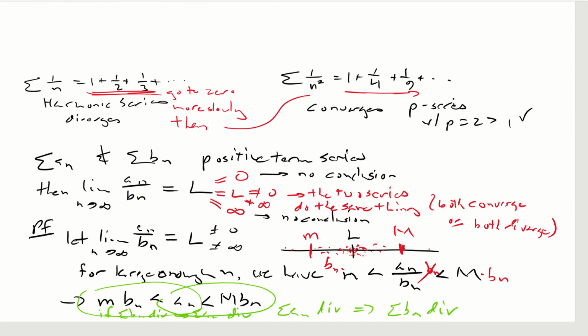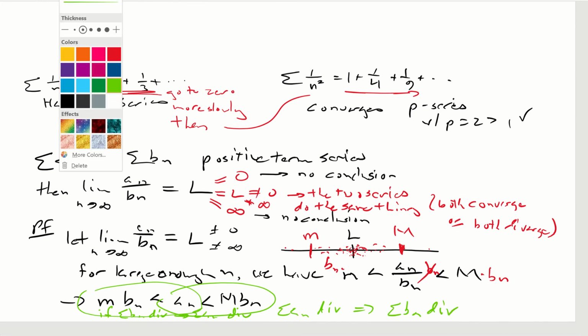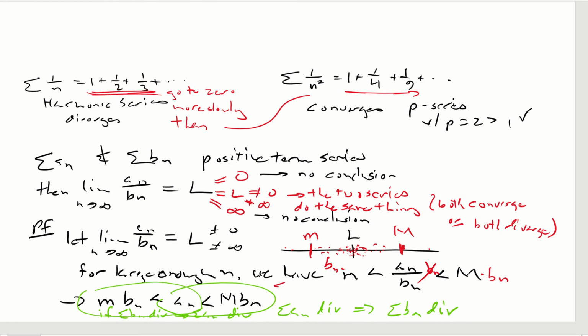And going the other way, if series b_n converges, then that implies series a_n converges, and if a_n converges, then b_n converges. They both do the same thing. It's a cute little proof using the comparison test.